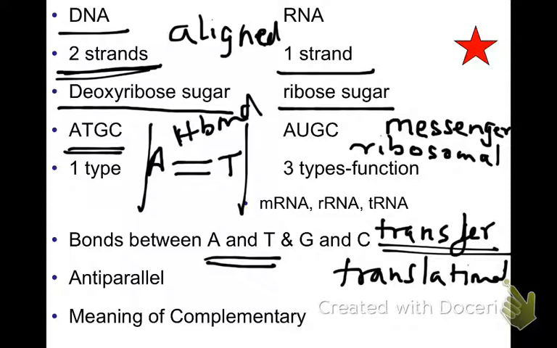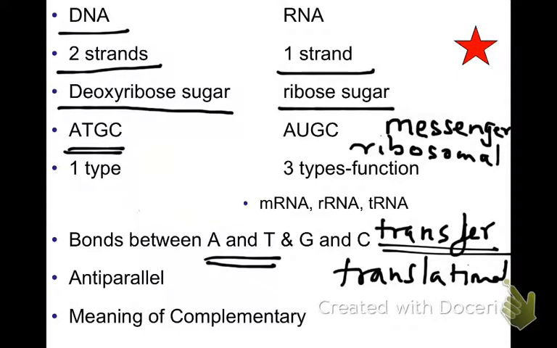Between guanine and cytosine, meaning this is guanine here, this is cytosine here, it can form three hydrogen bonds. So that is with respect to the bonding between the nitrogenous bases or the nucleotides of the opposite strand.